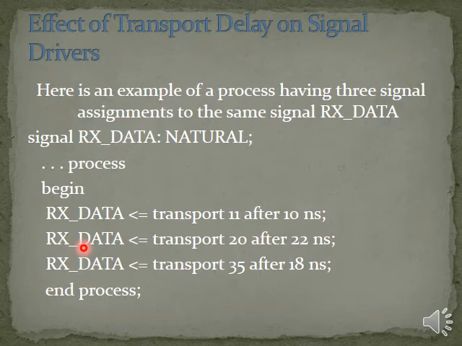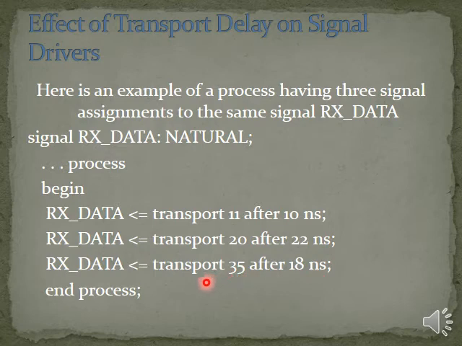What happens to the previous one? It is deleted, according to the signal drivers also. And transport means whatever changes occur in the input are immediately affected to the output. But what happens to this one? This is transport 35 after 18 nanoseconds.